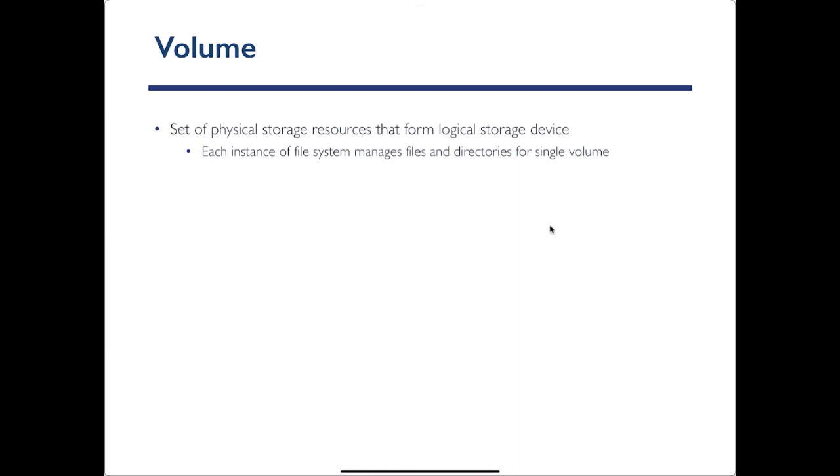For example, you can buy a 2 terabyte hard disk drive, or let's say 5 of them, and then create a 10 terabyte volume from this. Now, why is volume something that we should care about? The reason is because each file system can only be installed on a single volume.